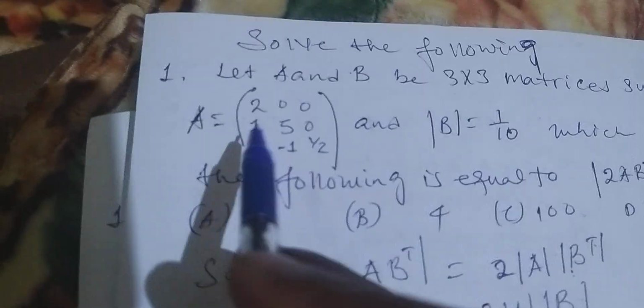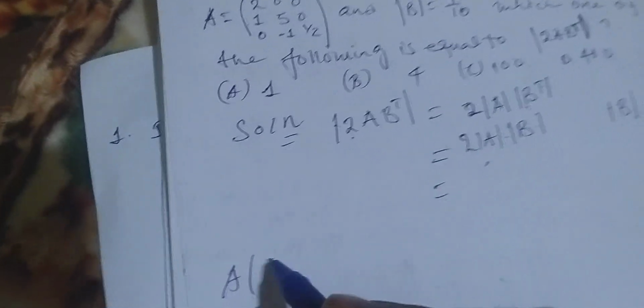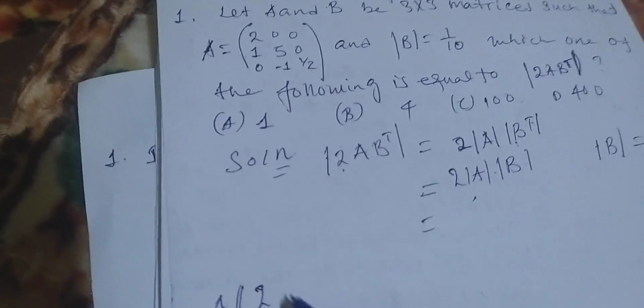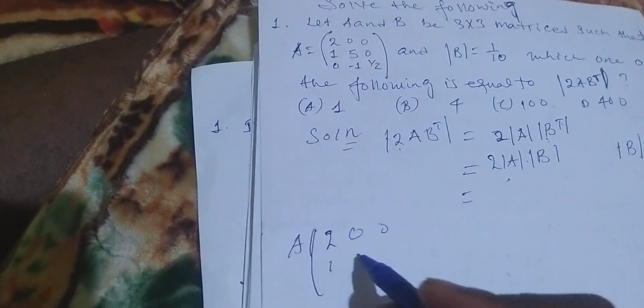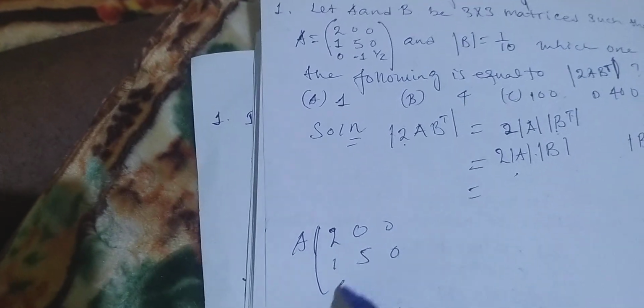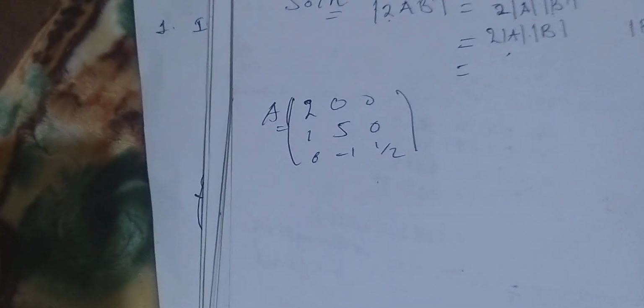Now, what's the determinant of A? A is given. Look, A is given as 2 0 0, 1 5 0, 0 negative 1 1 over 2. If this is A, what type of matrix is it?